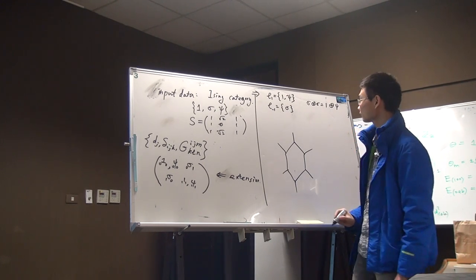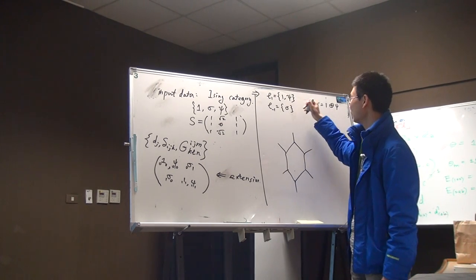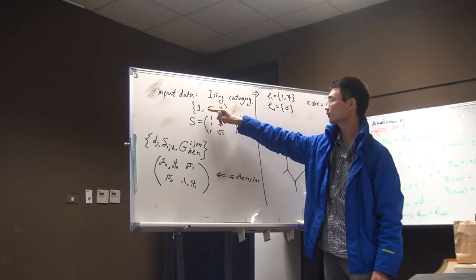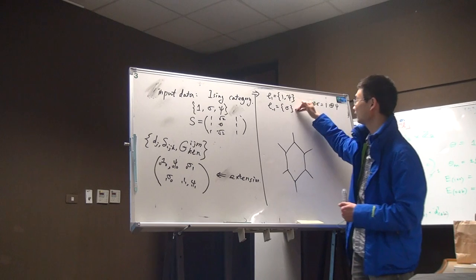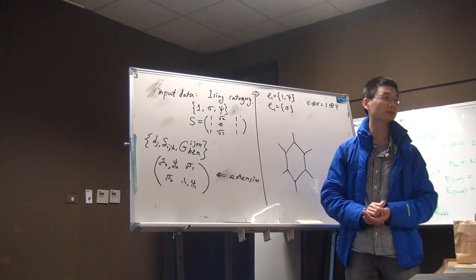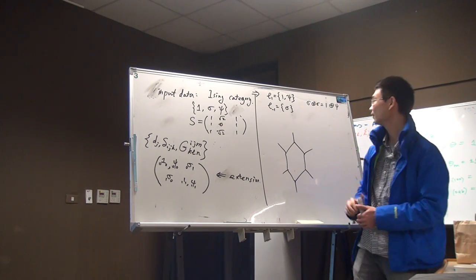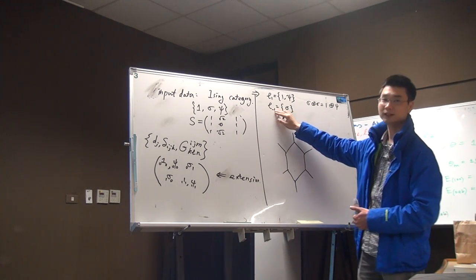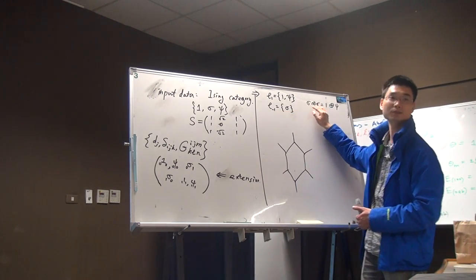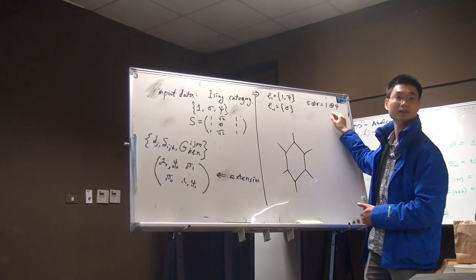Then I divide these 3 string types into 2 sets, and the fusion rule between these 2 sets forms a Z2 group. Because if we associate minus 1 to sigma, then minus 1 times minus 1 equals 1.